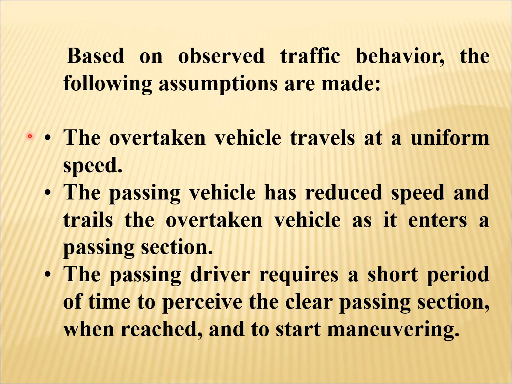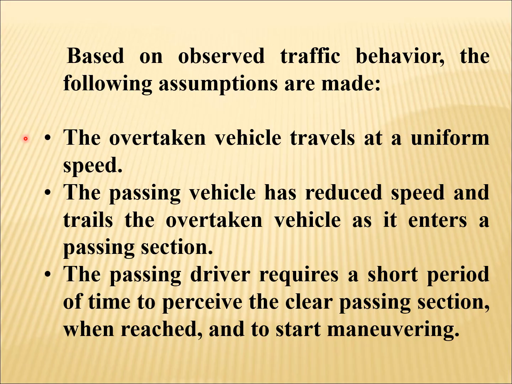The overtaken vehicle travels at a uniform speed. Overtaken vehicle means that vehicle that we want to overtake. The passing vehicle is that vehicle that is going to overtake this overtaken vehicle.